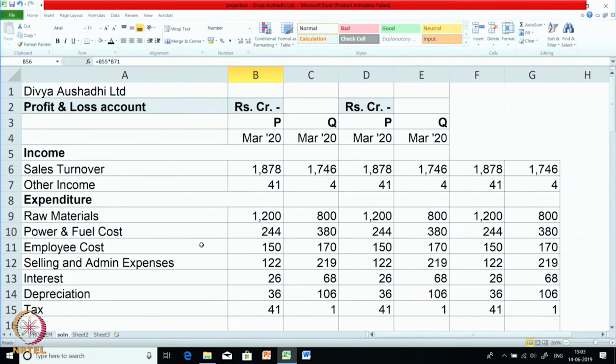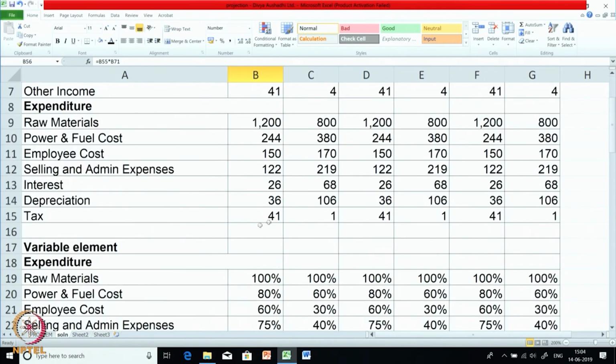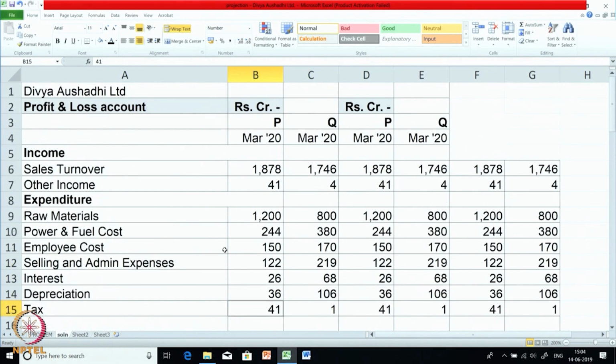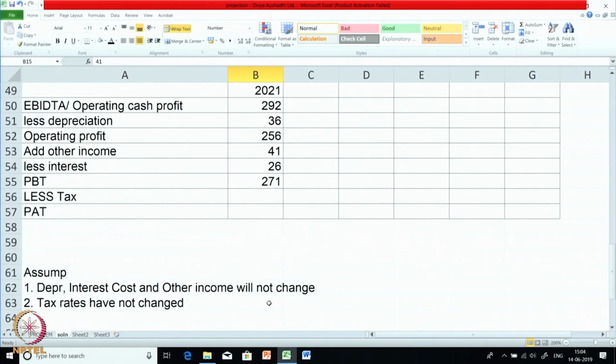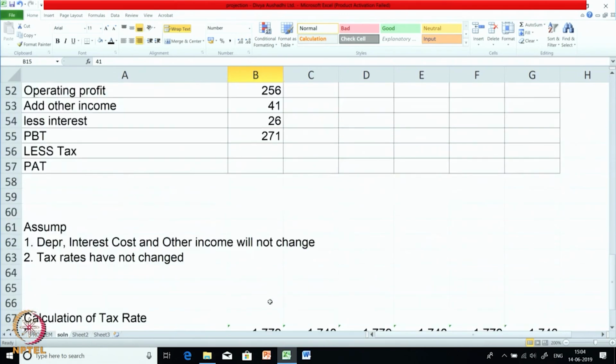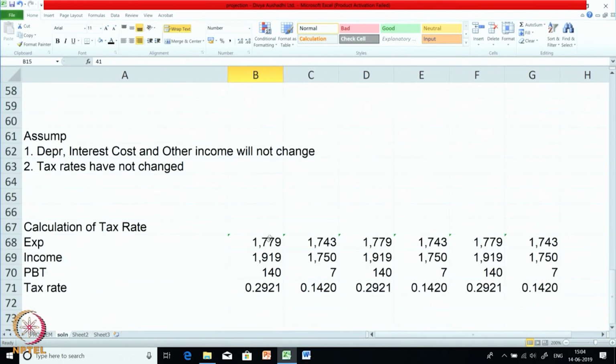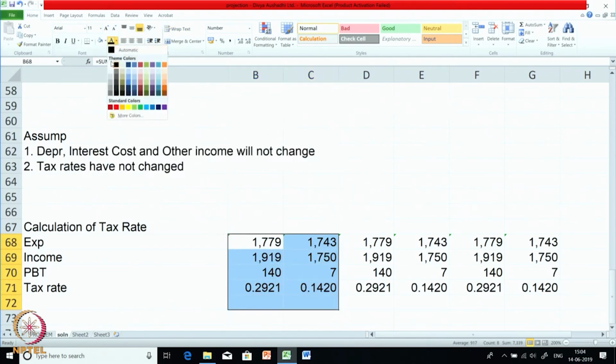Is it given anywhere? It is not given, but they have directly given us tax. So we will have to calculate the tax rate. For that, first of all we will have to calculate the profit of the last year, and on that 41 tax is charged. So please calculate last year's profit first, and based on the profit we will be able to calculate the taxes.